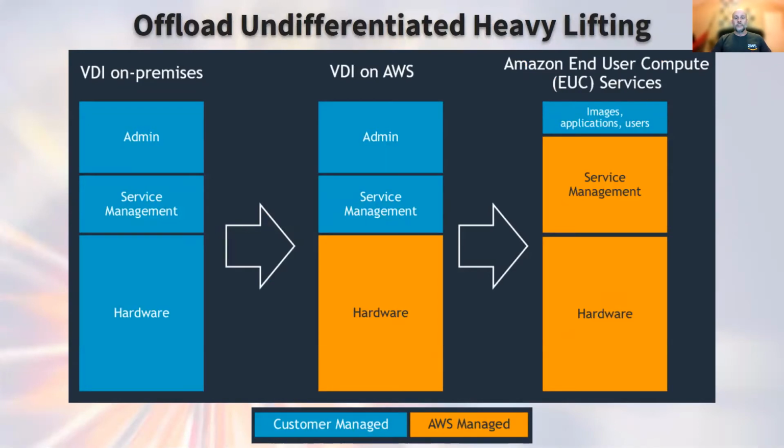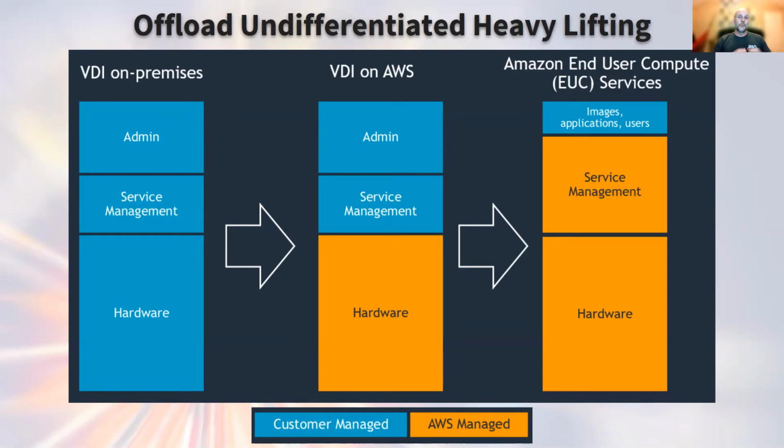Undifferentiated heavy lifting. That's something that we refer to as work that's difficult, complicated, and time-consuming, but doesn't offer a lot of value, or at least differentiated value. So for example, racking and stacking hardware. If you look on the left here, all of the blue areas represent what an AWS customer would be responsible for if they had VDI on premises.